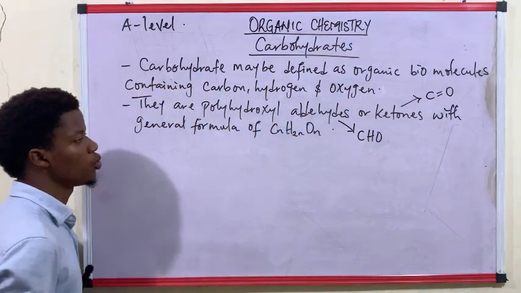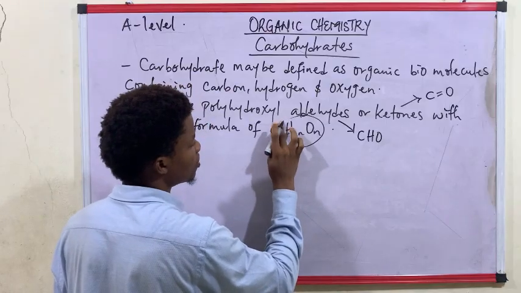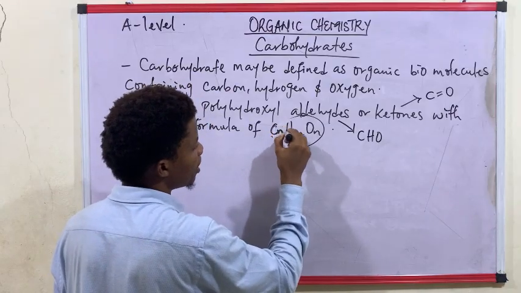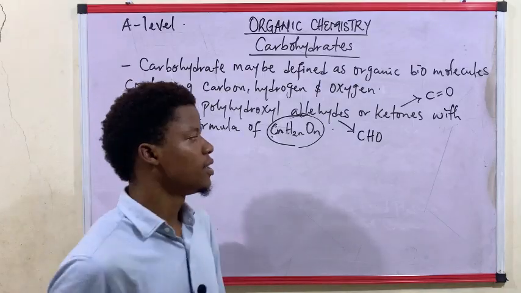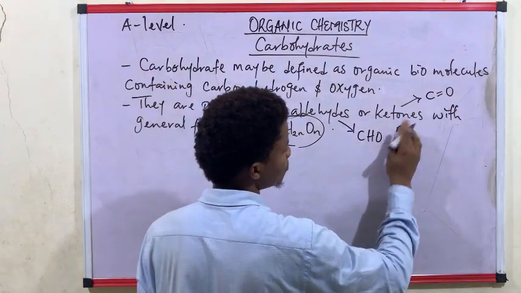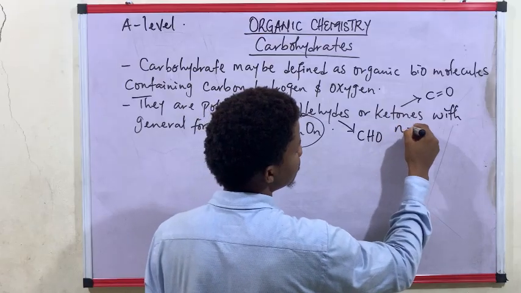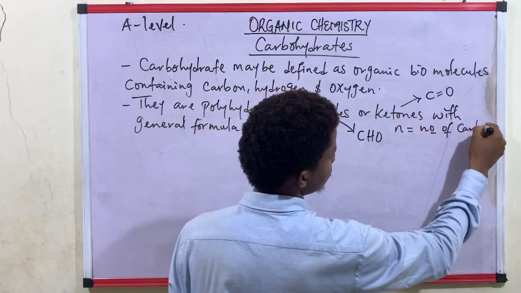So take note, the formula for carbohydrates is CnH2nOn, where n is equal to the number of carbons.